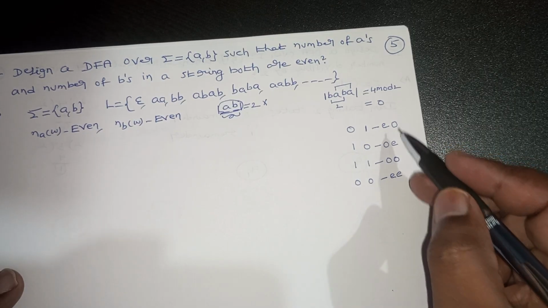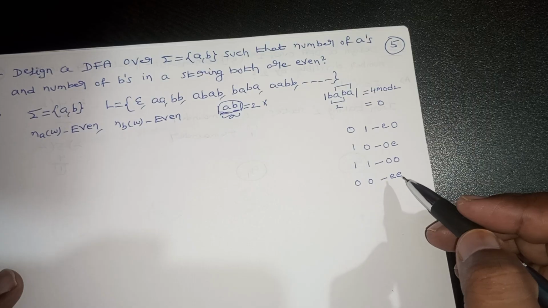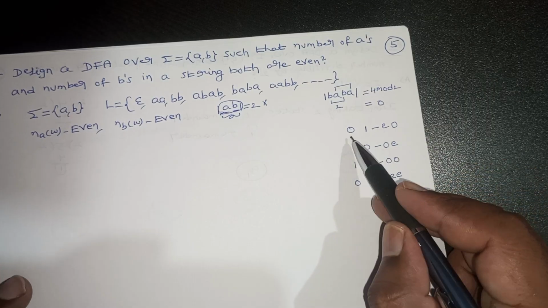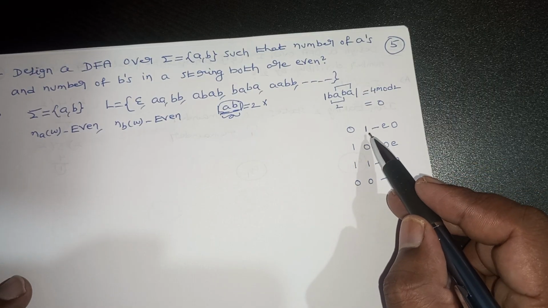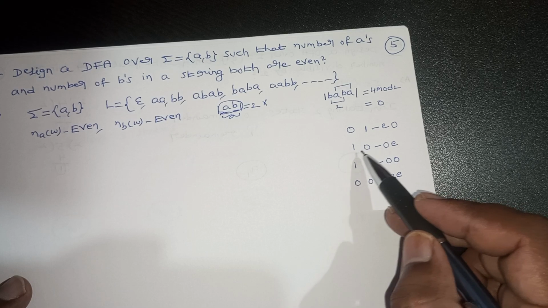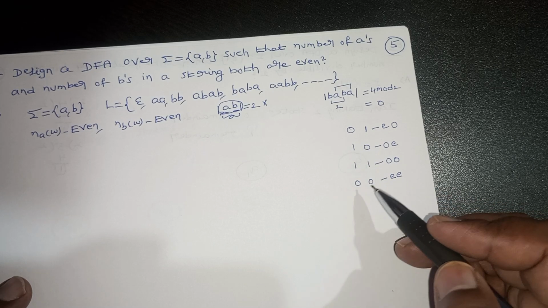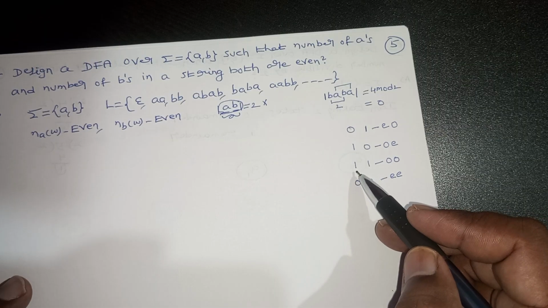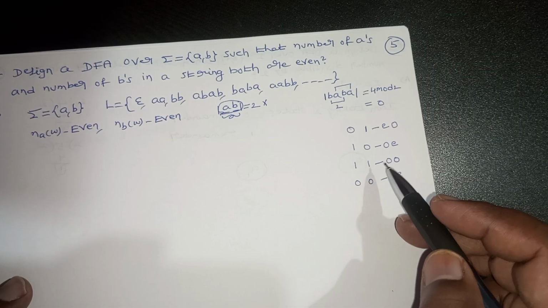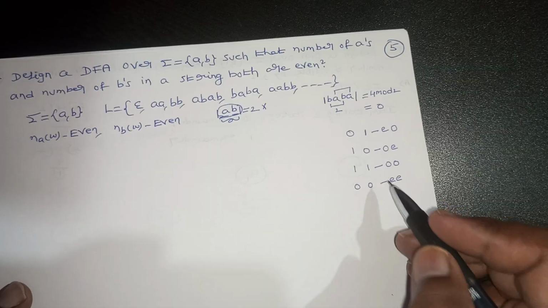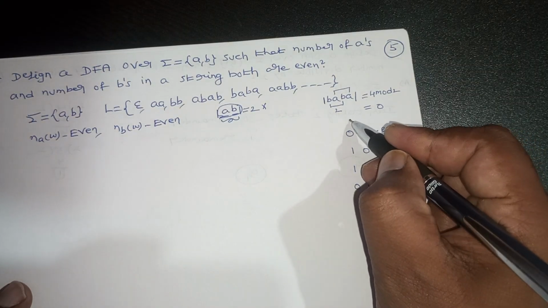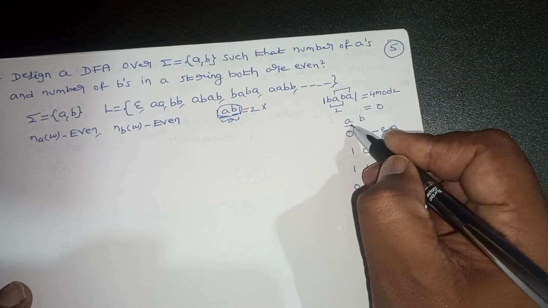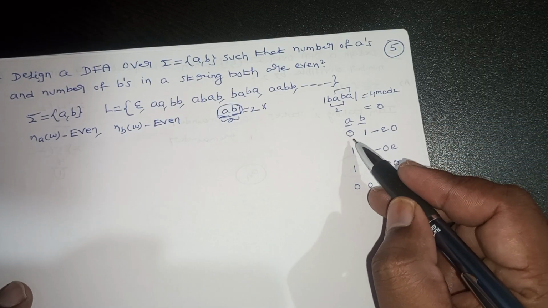So I am taking 4 states here, with a convention: 0 means even number, 1 means odd number. I am taking A and B here. So what is the first?